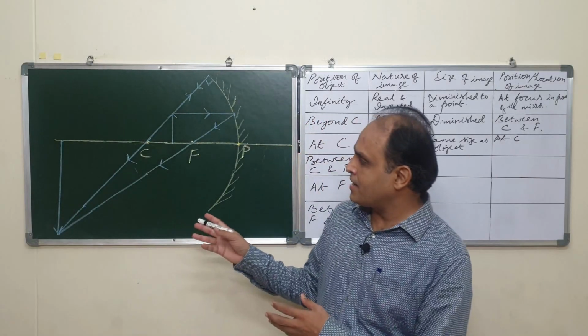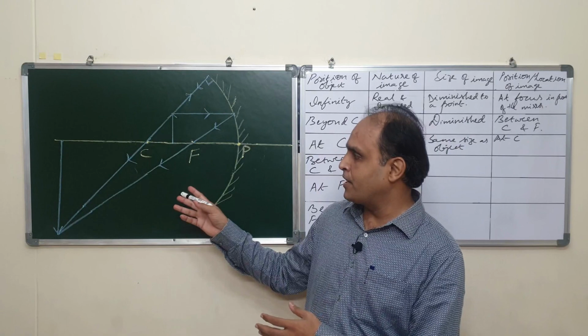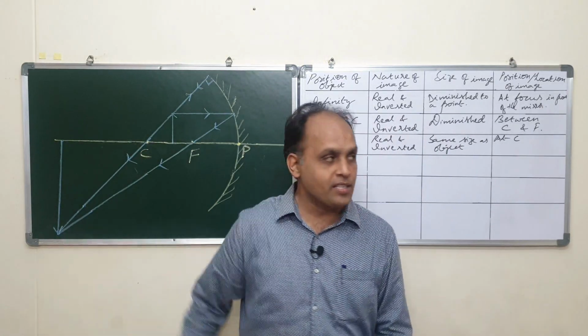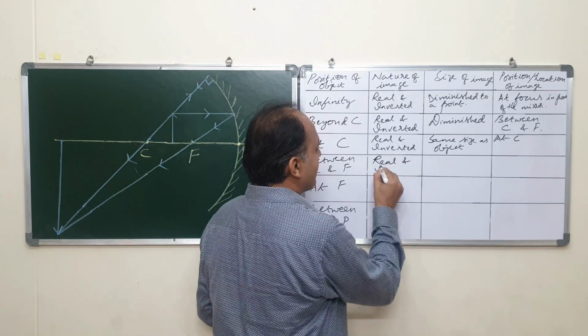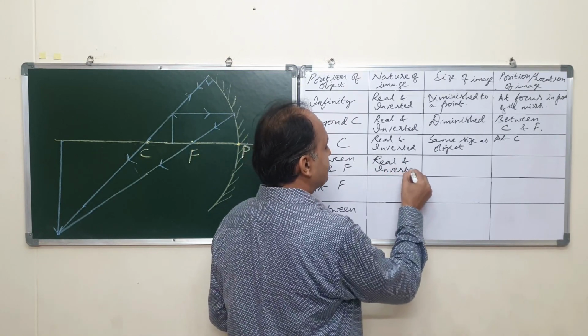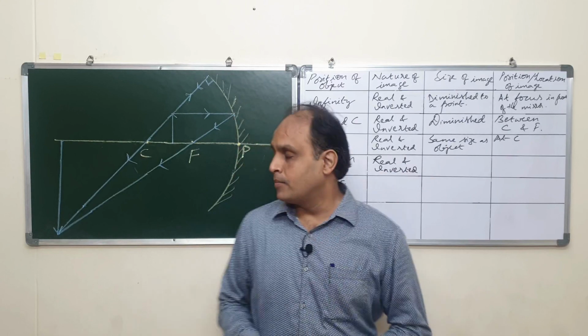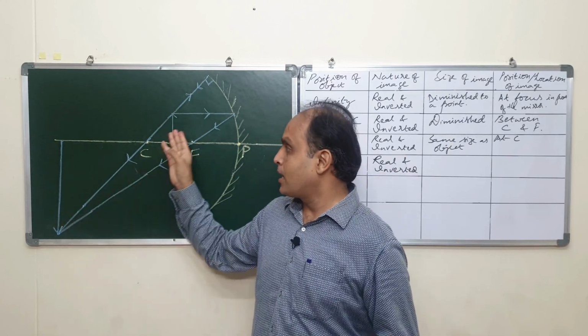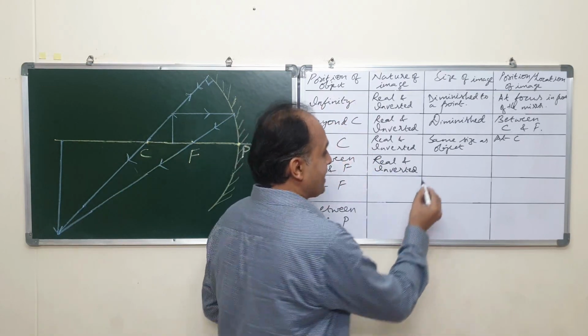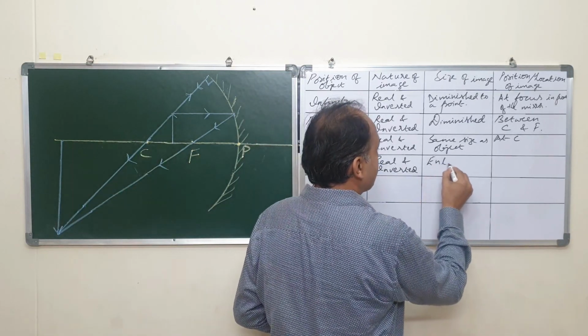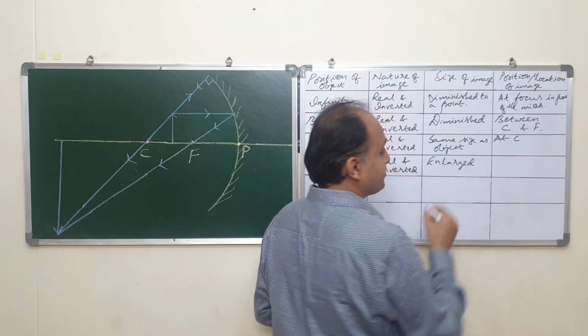Yes, as you can see in the diagram, the rays of light after reflection are actually meeting at this point. So again, even in this case, the image is real and inverted. And look at the size of the image when compared to the size of the object. It's too big. So we can say that the image formed over here is enlarged.